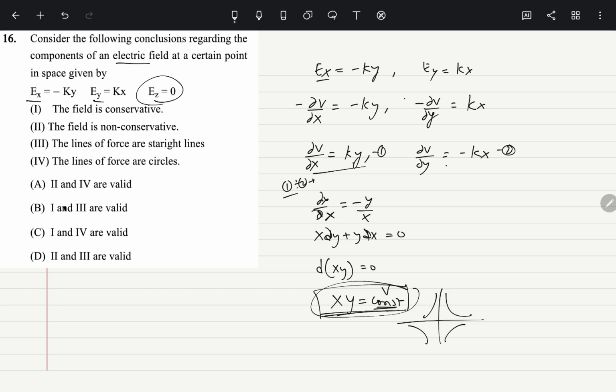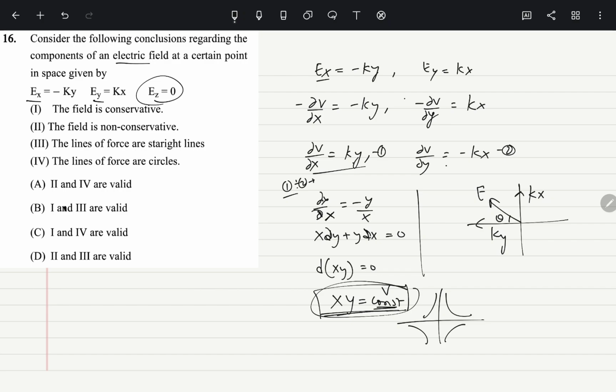So here now we need to find the electric field lines. Okay, so that is like extra steps, since we can find the equipotential surfaces also. Now to find the electric field lines, let's see the direction. The electric field is in the minus x direction, this one is ky, and this direction is kx. The resultant will be this one, and let's say this angle is theta.